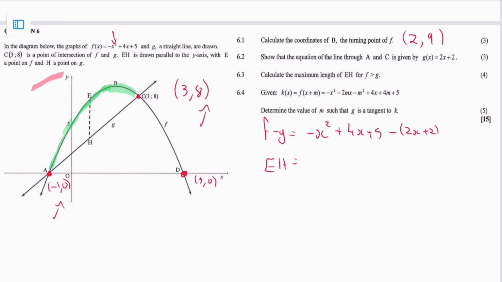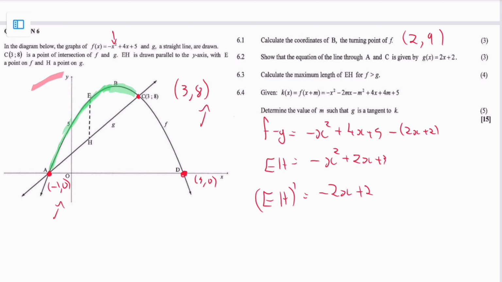So the formula for E of h, once you simplify it, is going to be -x squared plus 2x plus 3. And if we take the derivative, it's going to be -2x plus 2.